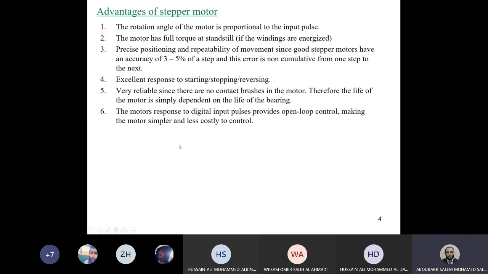The motor's response to digital input pulses provides open loop control, making the motor simpler and less costly to control. Because there is no shaft encoder or any device required for speed control, this control is cheap compared to other motors.